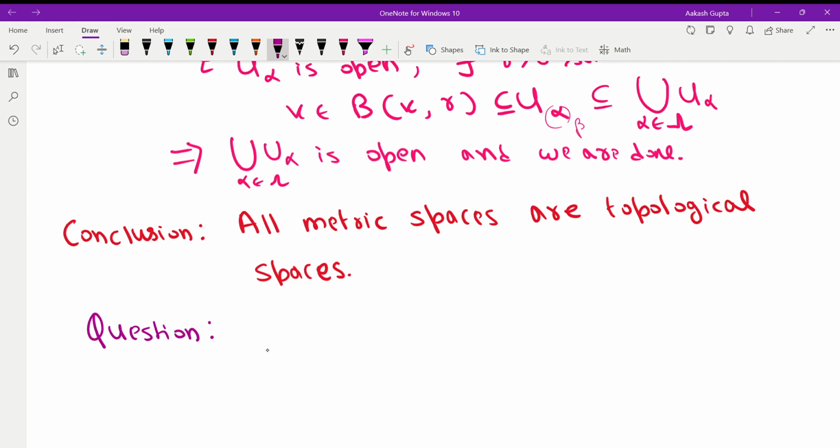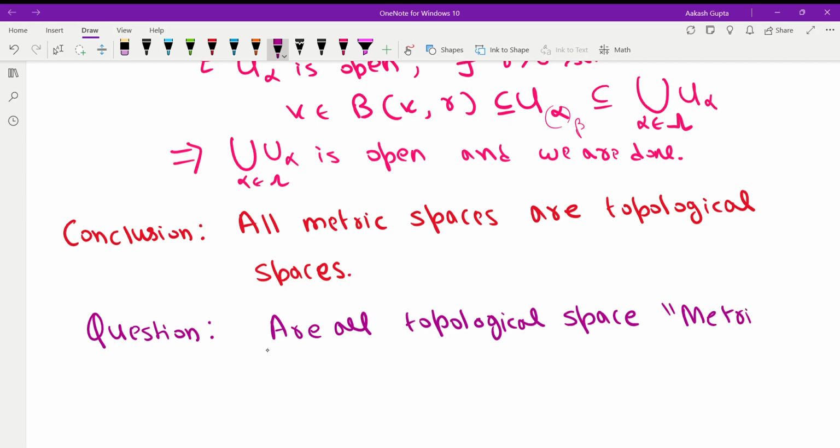So the question is, are all topological spaces metric spaces?